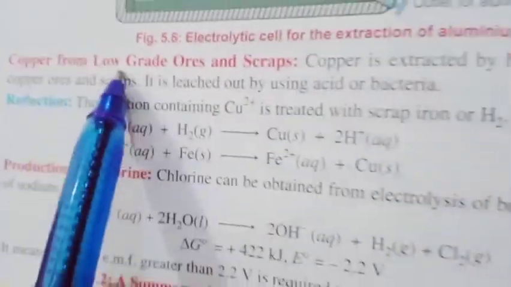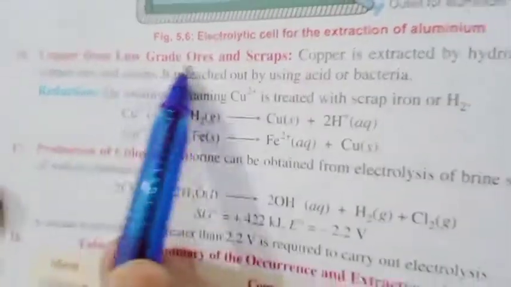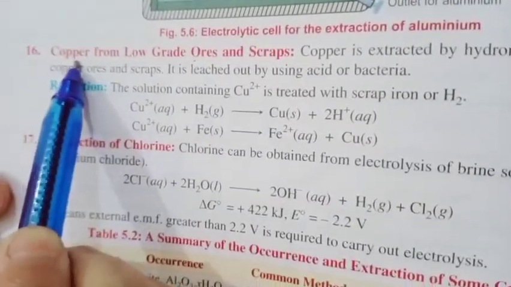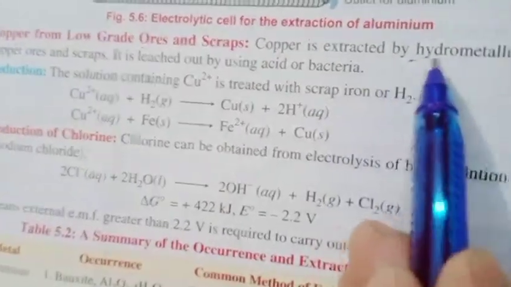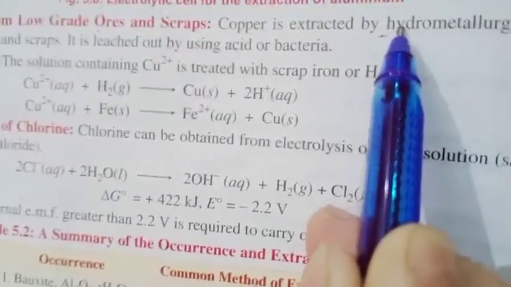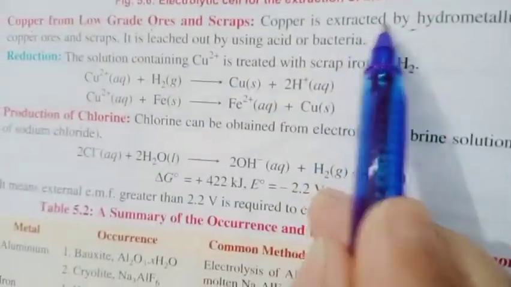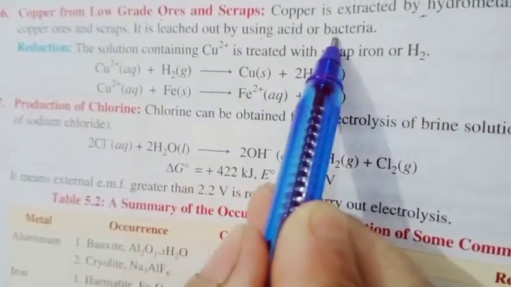Now the second last is to get copper from low grade copper ore. Low grade copper ores are those ores in which the percentage of copper is very less. At that time you will use the process which is called hydrometallurgy. In this particular case, the copper is leached with acid or some bacteria.